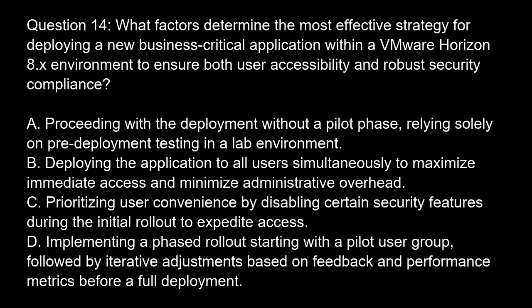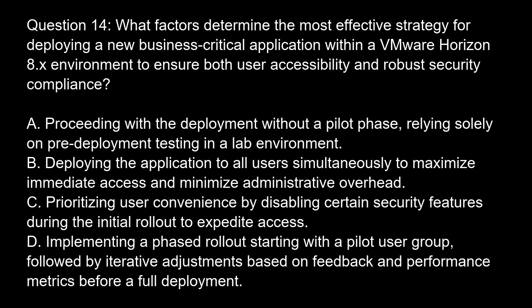Question 14. What factors determine the most effective strategy for deploying a new business-critical application within a VMware Horizon 8X environment to ensure both user accessibility and robust security compliance? Option A. Proceeding with the deployment without a pilot phase, relying solely on pre-deployment testing in a lab environment.